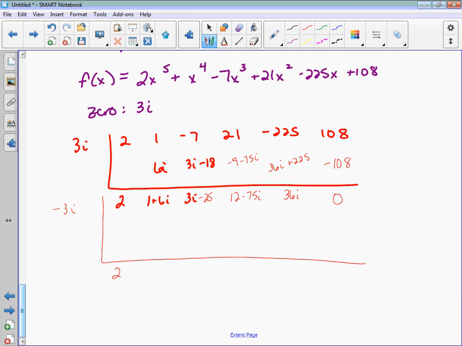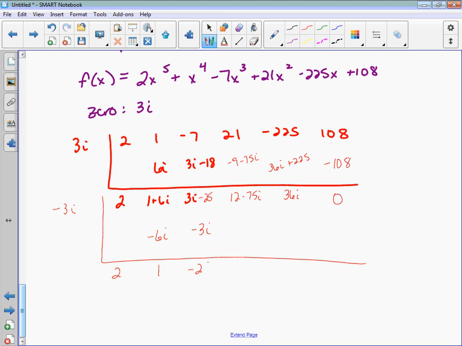When I multiply, what do I get? Negative 6i. Oh, how nice. When I add, what do I get? 1. Are you seeing what's going to happen here? These i's are all going to go away. So 1 times negative 3i is negative 3i. Add, what do I get?